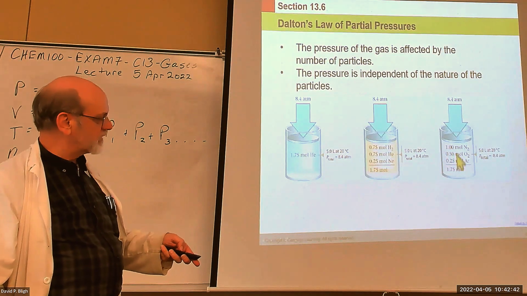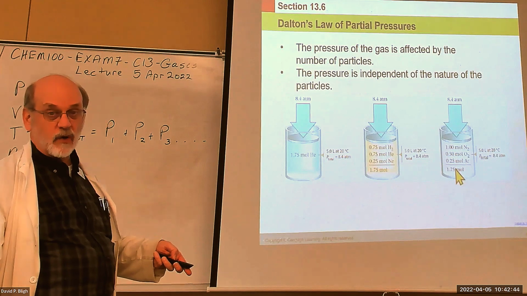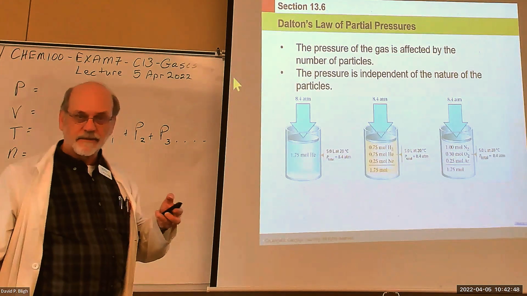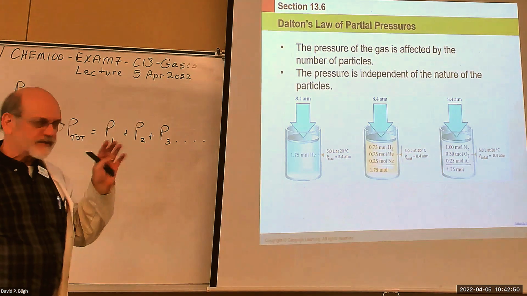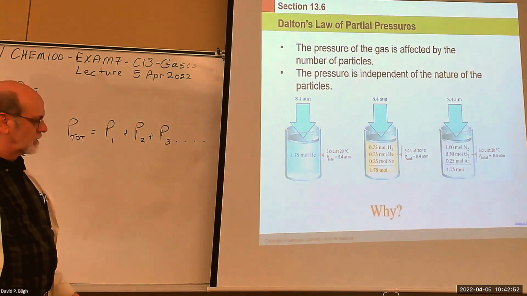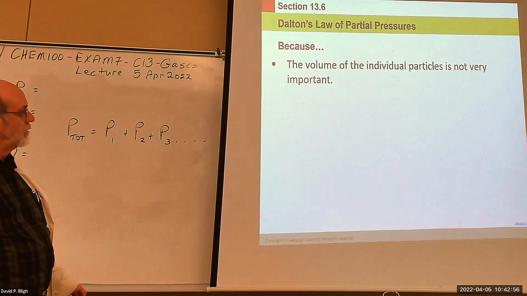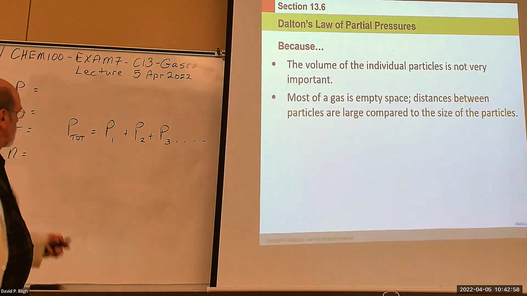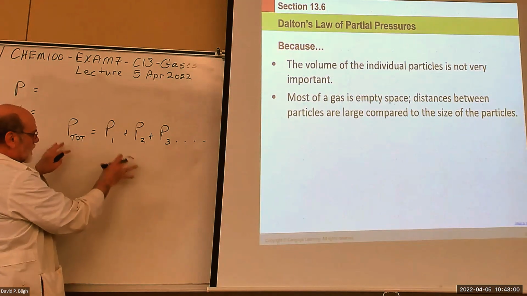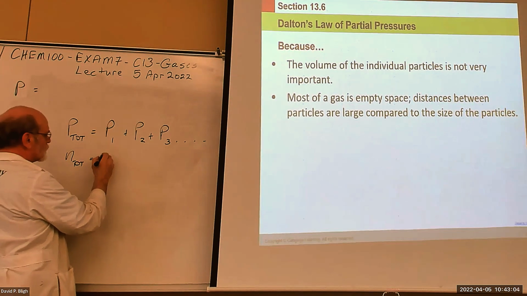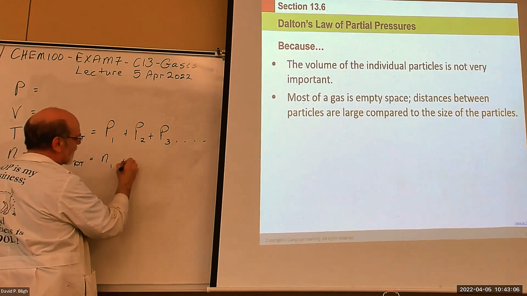Or you change the mix of gases, as long as it's the same number of moles, then you get the same pressure. So this illustration is telling us that the relationship here is the same as the total number of moles to the moles of each of the gases.